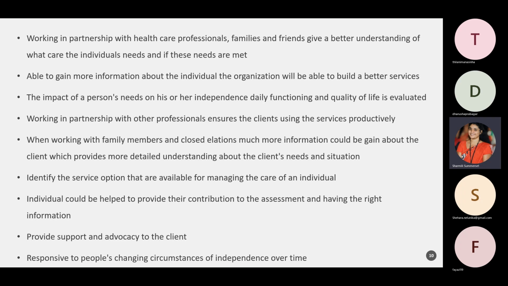So these are the importance and the benefits that we can gain in the assessment process. Once you start to work in a collaborative manner, you can gain all the information. The more information you gain, the more useful it will be in your care planning and care management, and you can provide your care effectively, make your client feel happy and comfortable, and improve the quality of care.